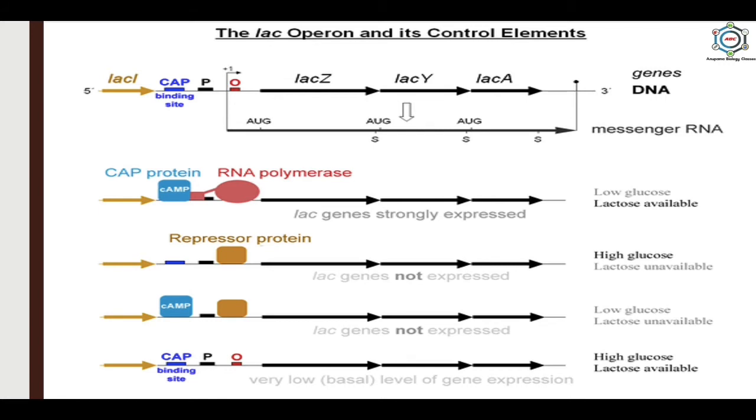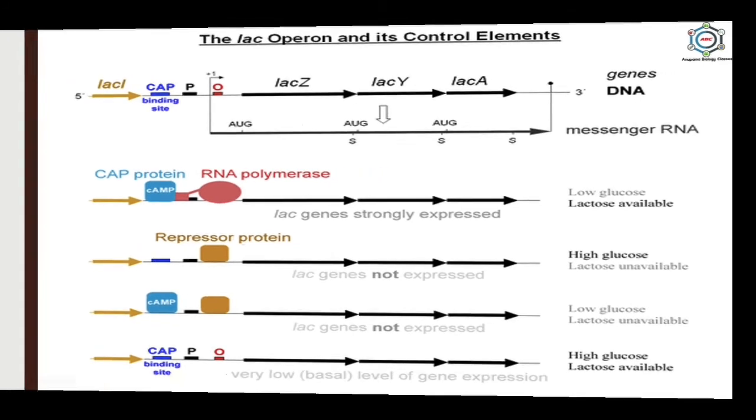When there is high glucose and lactose unavailable, lac genes are not expressed. When there is low glucose and lactose unavailable, lac genes are not expressed. And when there is high glucose and lactose available, very low, that means a basal level of gene expression occurs. So this is all about the lac operon and its control elements.